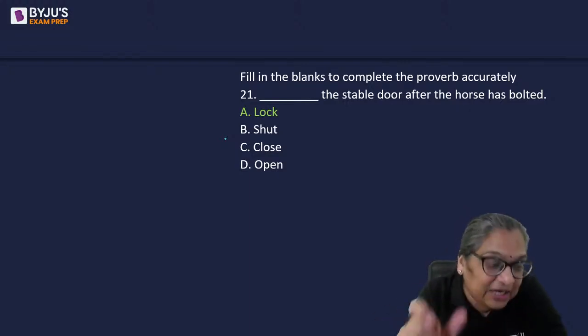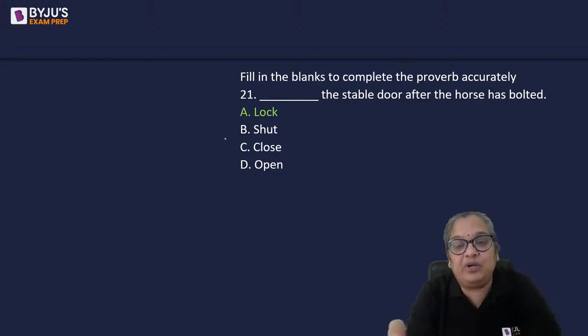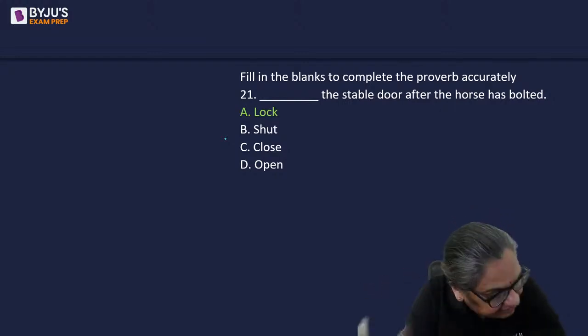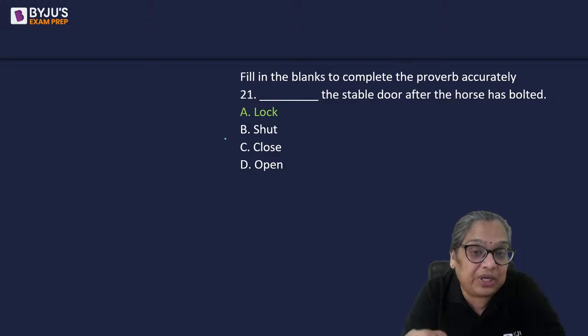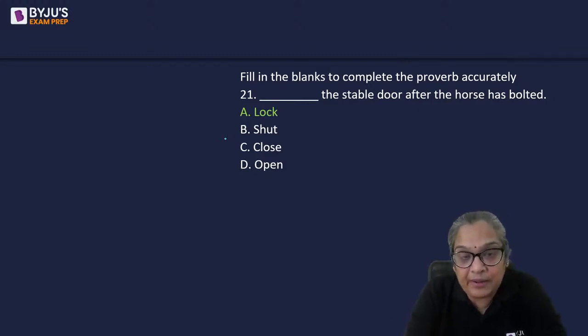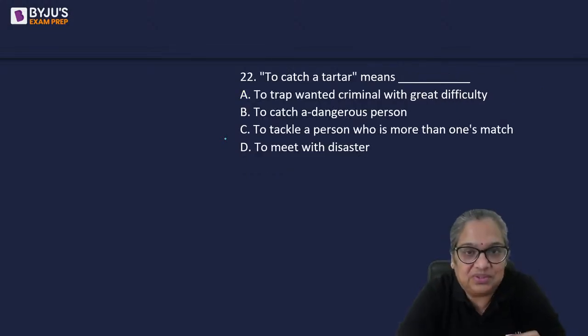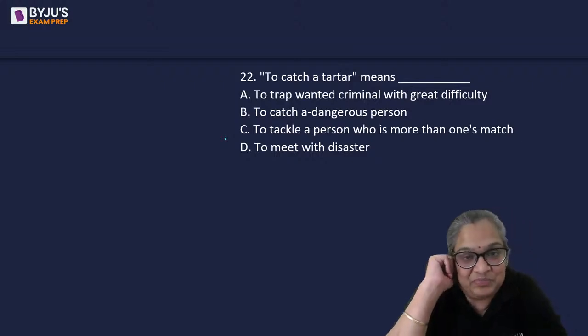But the exact proverb is to lock the stable door after the horse has bolted. This was given as it is in the exam. Since it was given, I thought you should know that when you are quoting idioms, quoting proverbs, you have to get the exact word right. Okay, it means the same thing, true, but the proverb has to be quoted right.